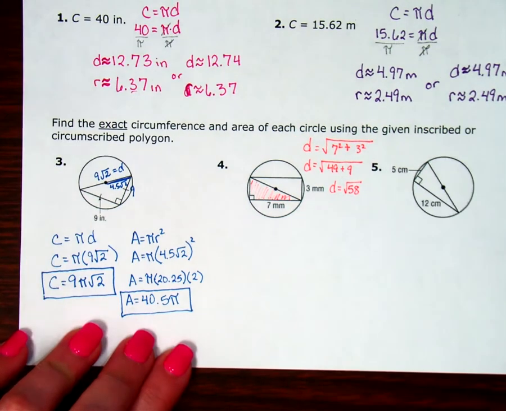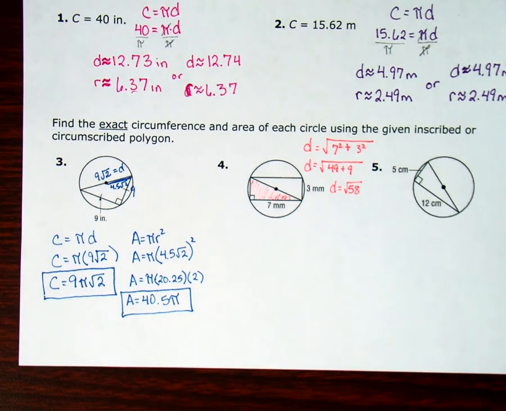And the square root of 58, I don't think that's simplifiable. I can't think of a perfect square. So the square root of 58 is just going to be my diameter.